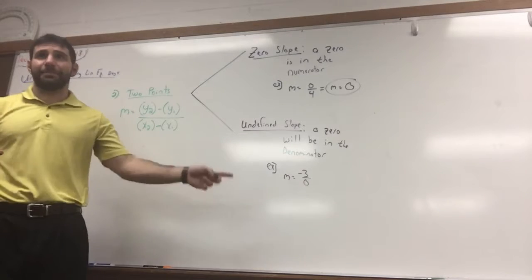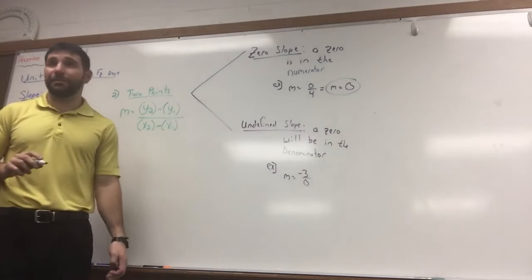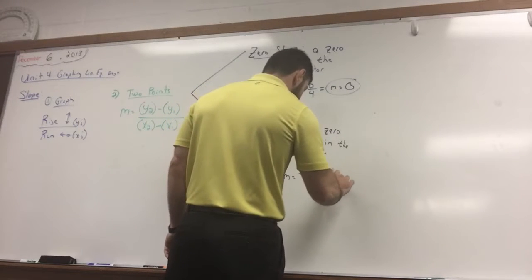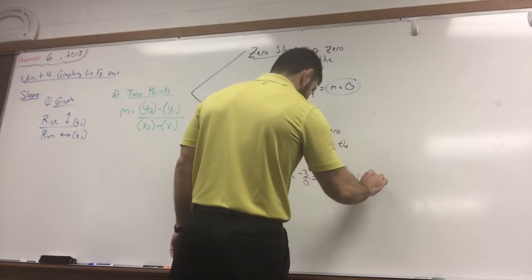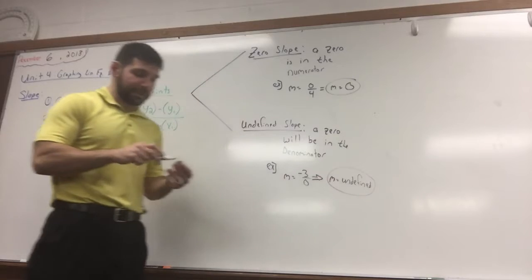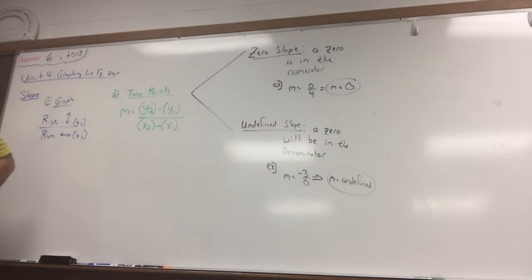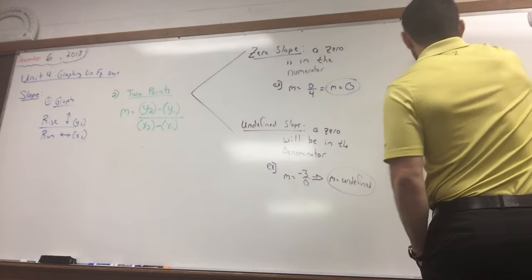Can I leave it like that? Is that my slope? No. If a 0 is in the denominator, that is not correct. You would say m equals undefined. And that's my slope. Okay, so let's make sure we have this copied down. And then we're going to try 2 problems.